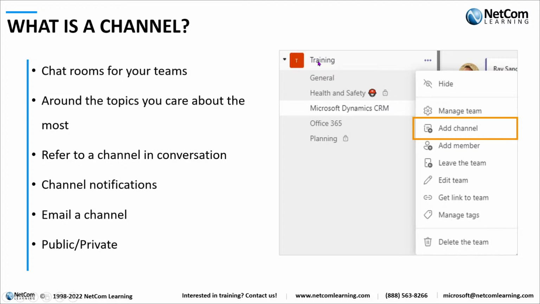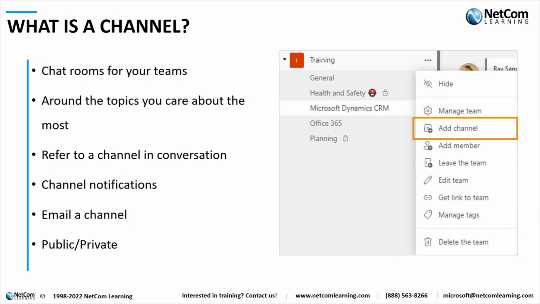If it's a public channel and you have 100 members in this training team, all 100 members can access the information and view all the conversation that happens in it, but they are not allowed to access anything from a private channel. Say I have given a private job to 5 of my team members, and I want that to be secure. No one else can view it. That's something we call a private channel.